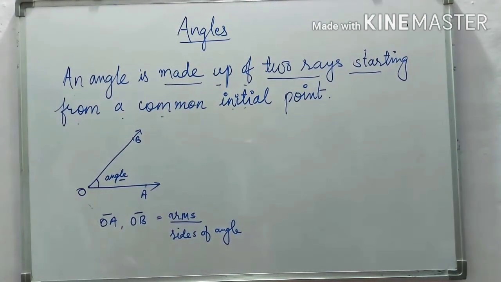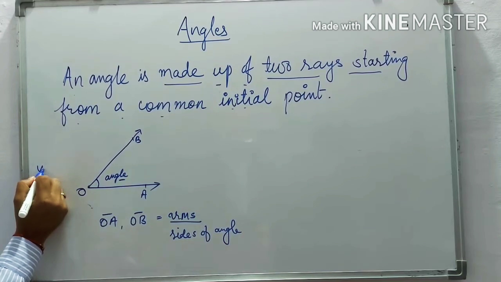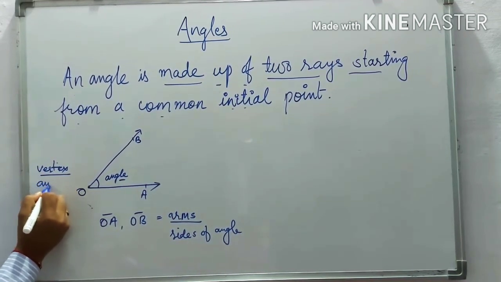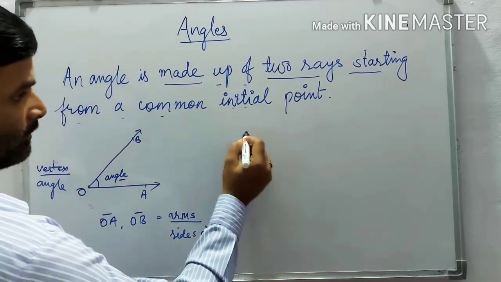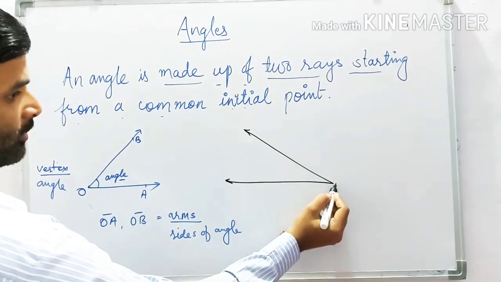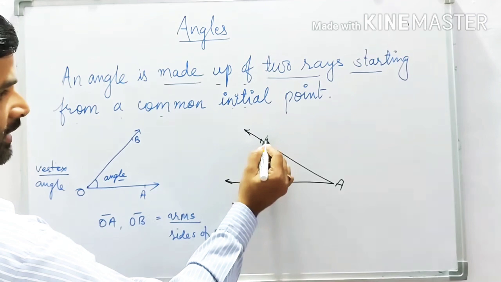And this point O is called the common vertex. This is called the angle. Suppose another example: there are two rays from the common point A. The first ray is AB and the second ray is AC.